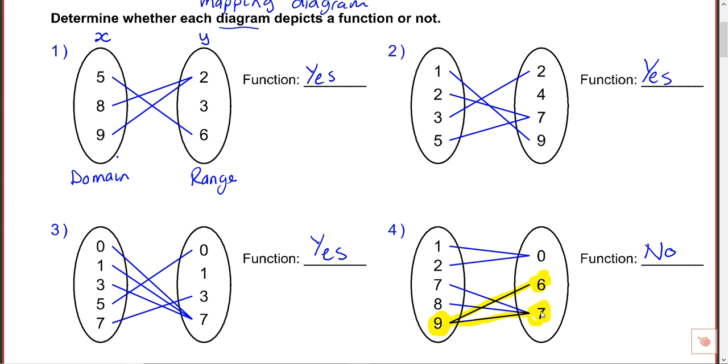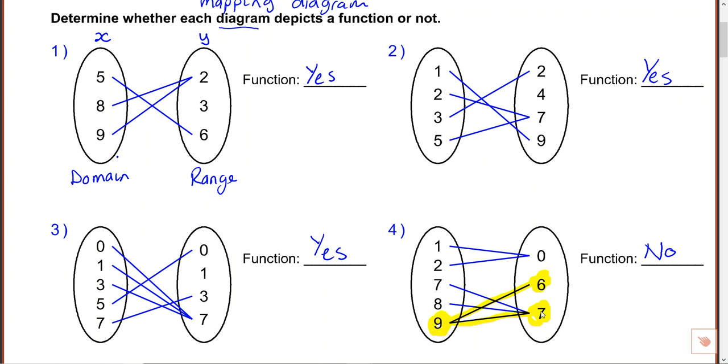So for instance, I could say I am going to ask people how old they are and their shoe size. So the relation is each person has a shoe size. So it's definitely a relation, age and shoe size.